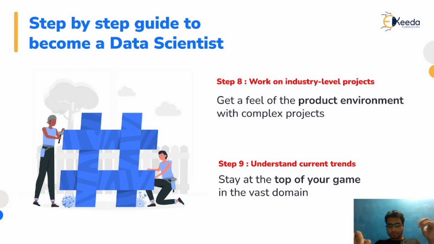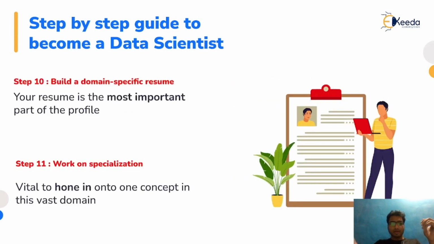Okay, as step 9, let's now see step 10. Step 10 is build a domain specific resume. Your resume is very important. You see job postings on LinkedIn or naukri.com. I'm not sure if you know, but there is a system which organizations follow. Whenever you apply for a particular job on naukri.com or LinkedIn, you upload your CV, and that CV passes through their algorithms.